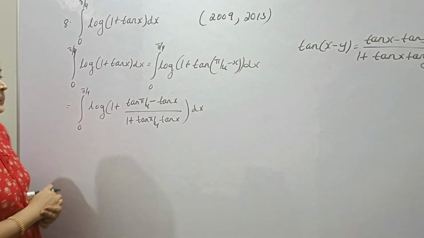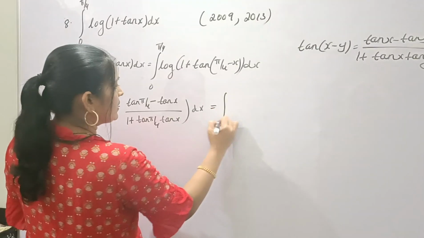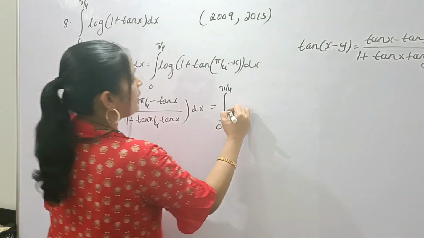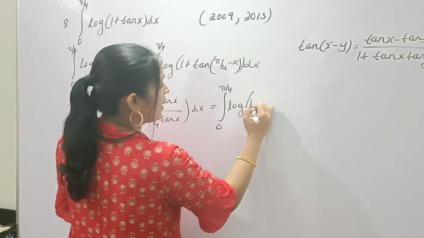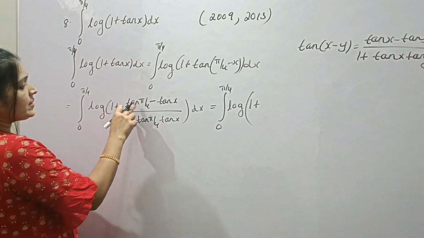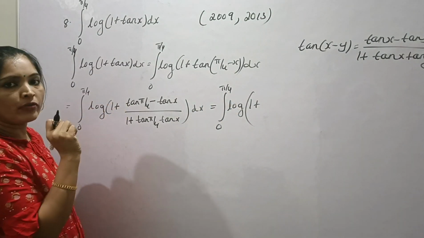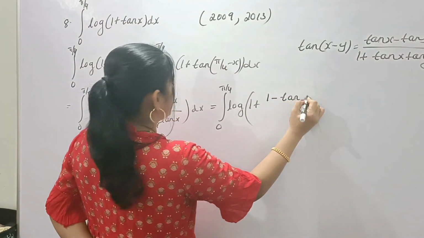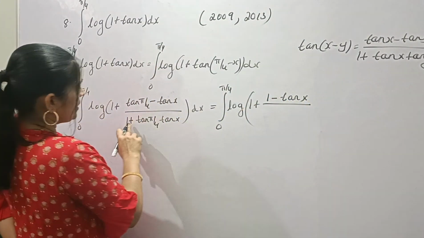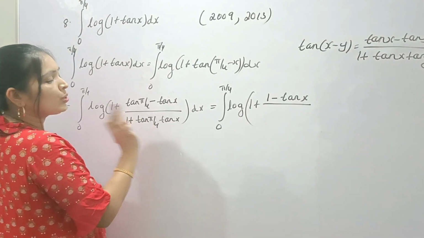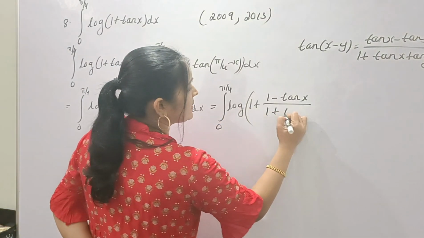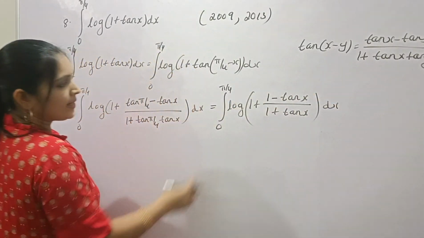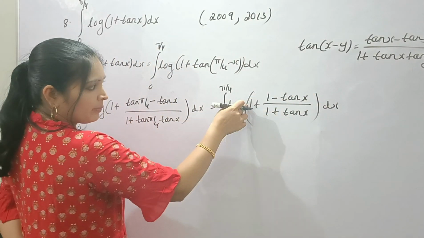dx. That is equal to integral 0 to pi by 4 log of 1 plus, here see what is tan pi by 4 value? 1, right? So it will be 1 minus tan x divided by 1 plus 1 into tan x, that is 1 plus tan x, dx. Then let's take LCM, cross multiply.